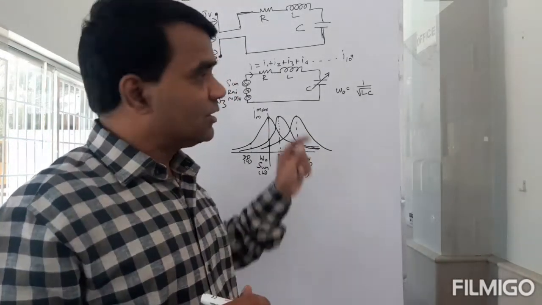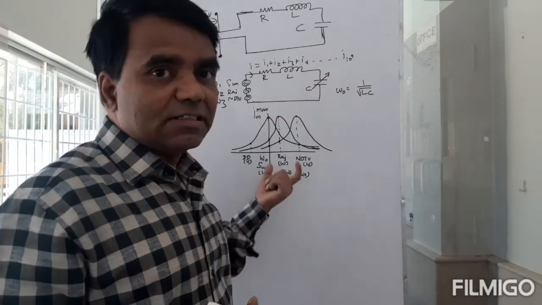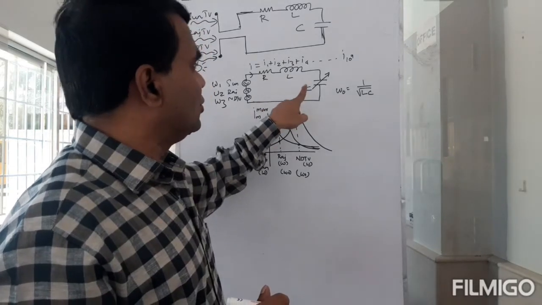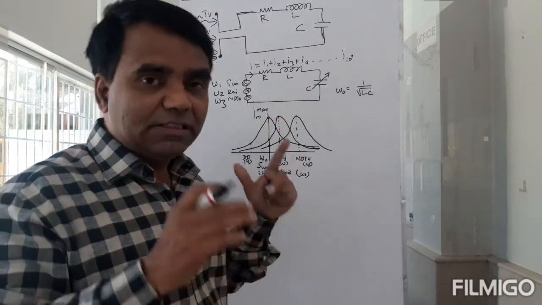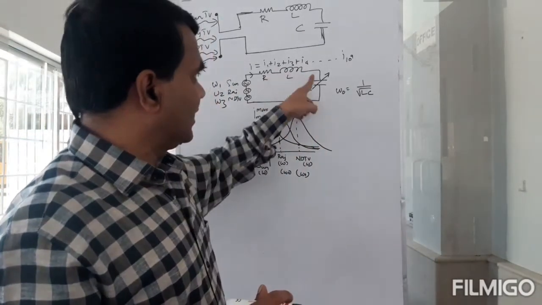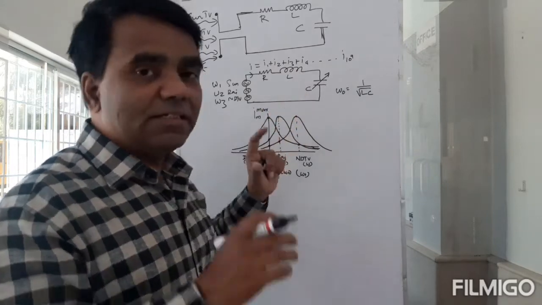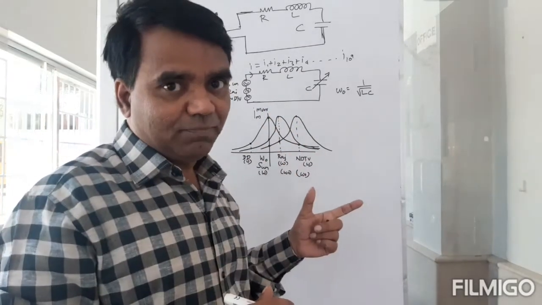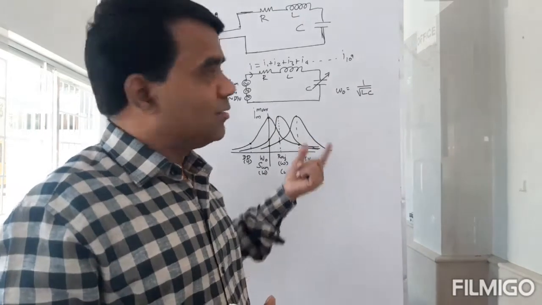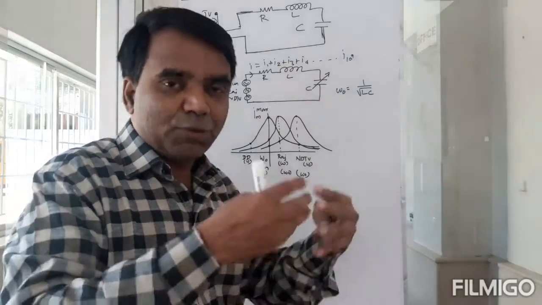And note that this tuning, or even the resonance, is possible only with an LC circuit. You must have an inductor and a capacitor connected serially. This is an RLC series circuit. This L and C must be in series for you to have resonance, because this voltage and this voltage will be opposing each other.